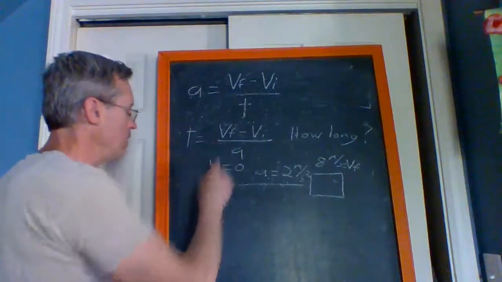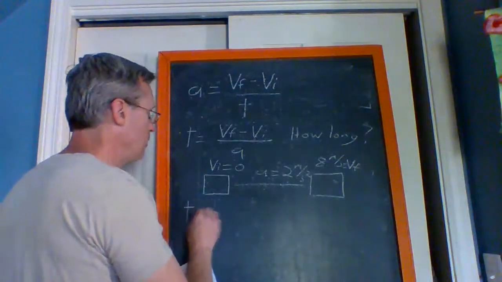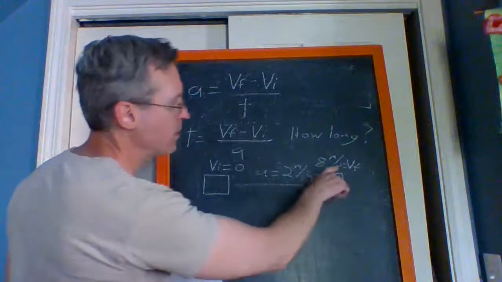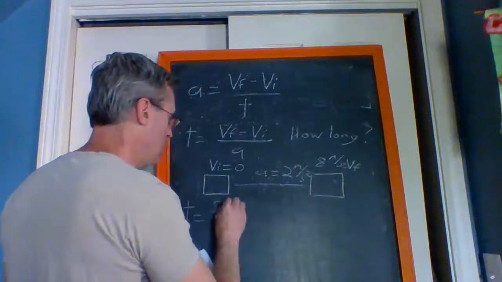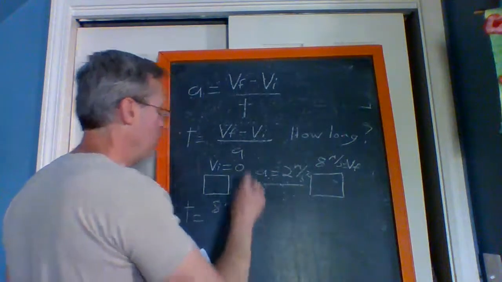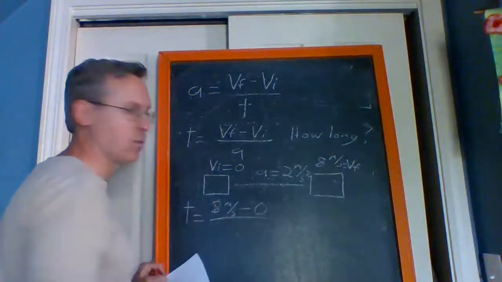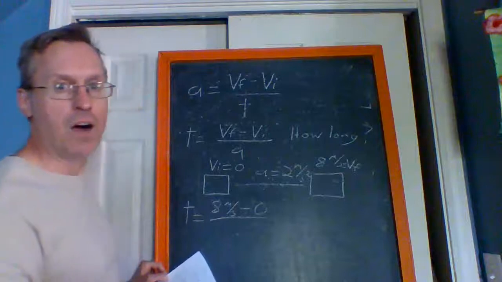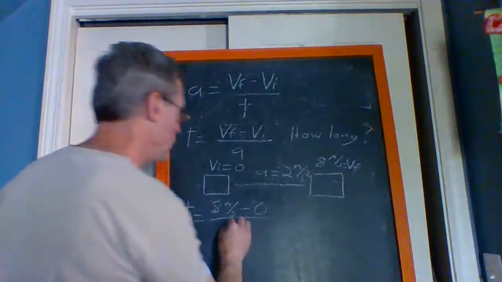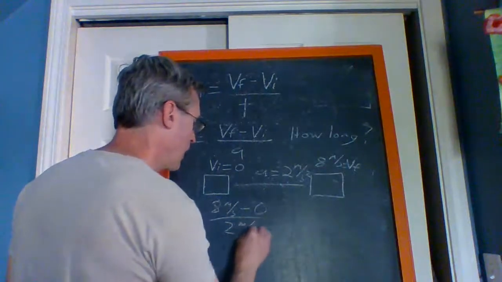Well, I'm going to plug it into this. So t is equal to vf, 8 meters per second, minus vi, which is 0. That's nice, it makes it easy. 8 minus 0 is just 8, divided by your acceleration, which is 2 meters per second squared.